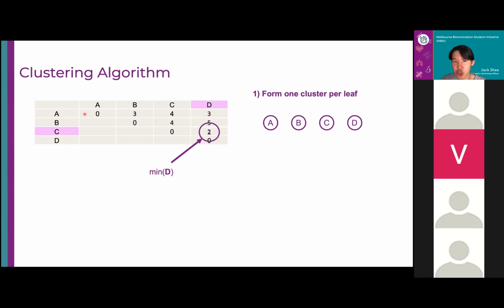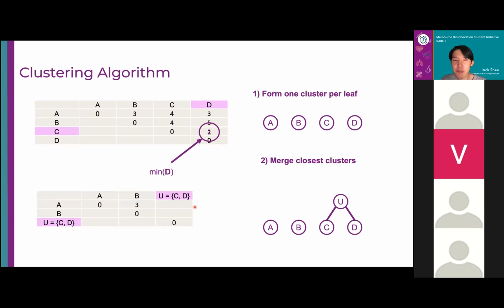And here I've only shown half of the distance matrix because the distance matrix is symmetric. So from this distance matrix, we identify that the minimum element is 2, which corresponds to the two clusters C and D. So that is going to be the two clusters that we now merge.